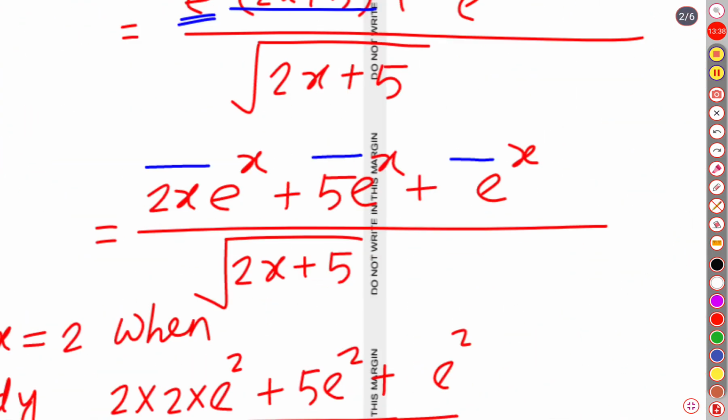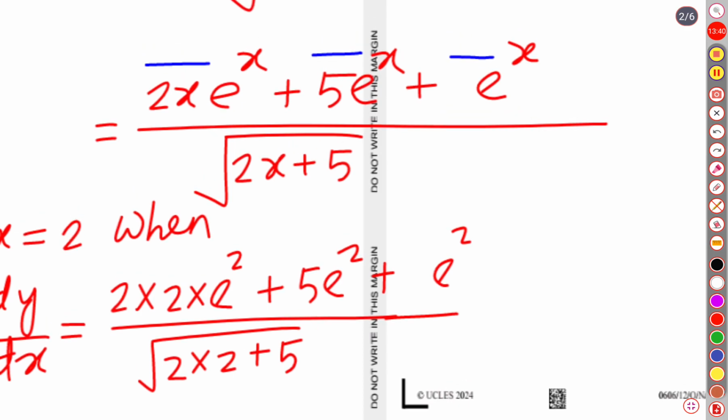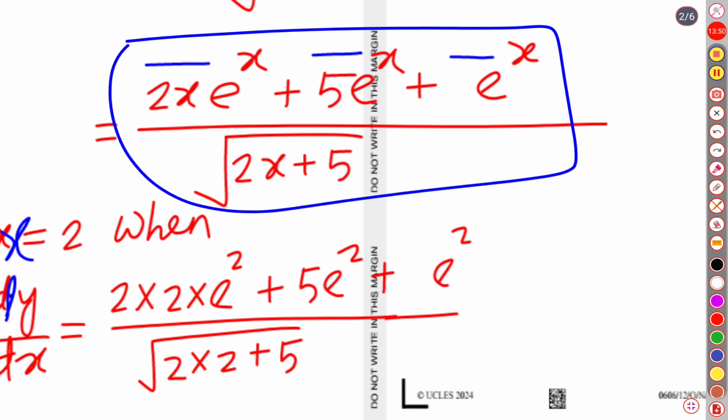When x equals 2, dy over dx is equal to this, our derivative. We have written first 2, then x is also 2, then e raised to x means e squared.